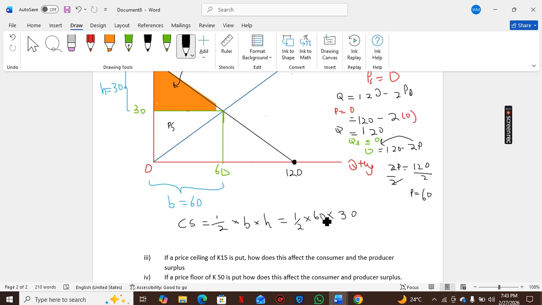So half of 60, that is 30. 30 times 30, that is 900 kwacha. Any questions, colleagues?